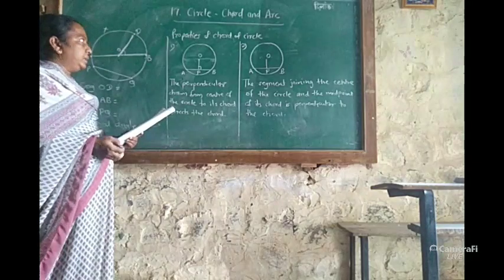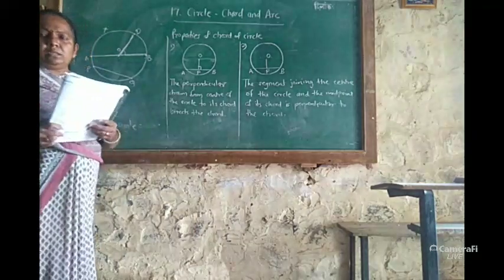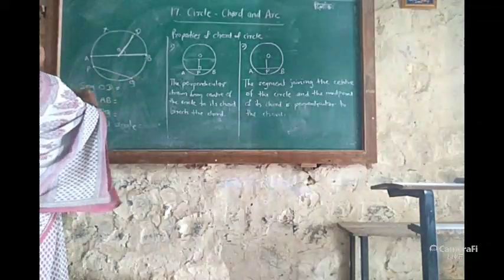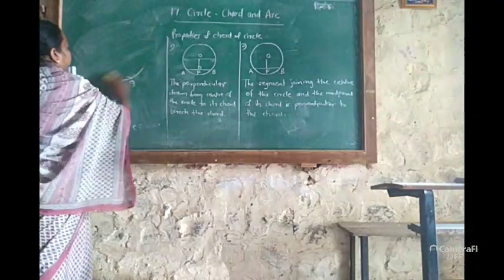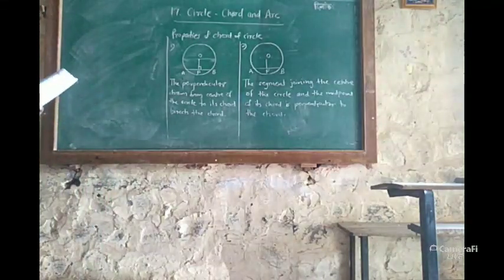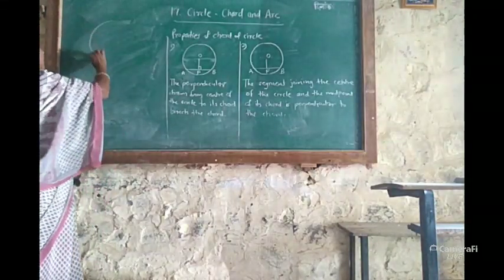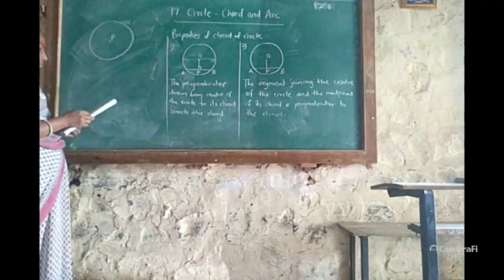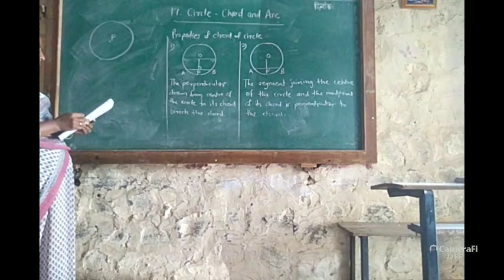In a circle with center P, I have drawn a diagram here. You can see what is given to us. They have given us a circle which has a center P. Chord AB is drawn of length 13 centimeter.